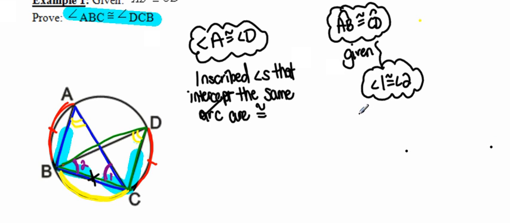And as for my reason, I'm going to start out by talking about those congruent arcs because that's what I started with, the congruent arcs. And I'm going to say they have inscribed angles. And again, I'm going to be very descriptive and tell exactly what kind of angles they are that are congruent.